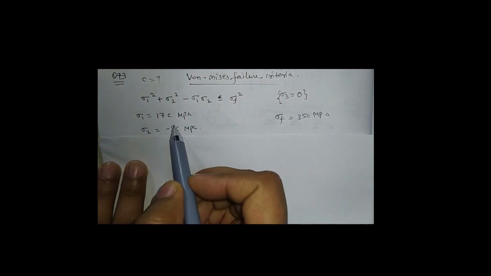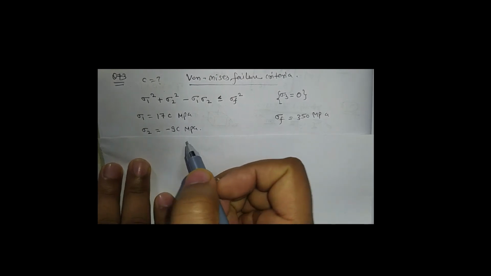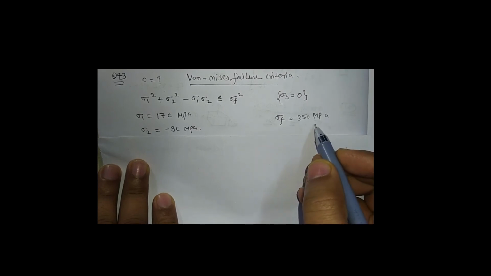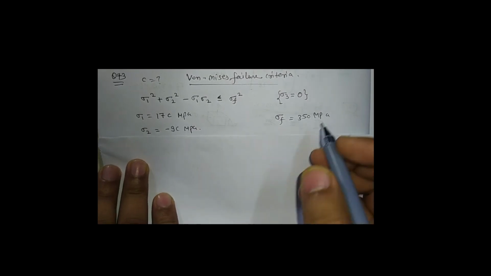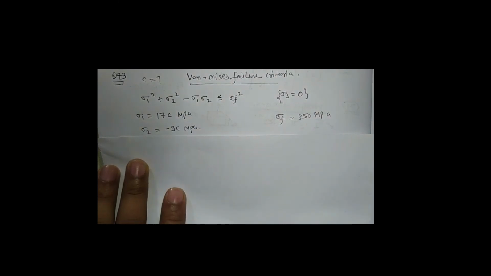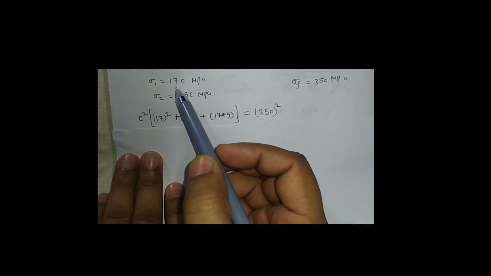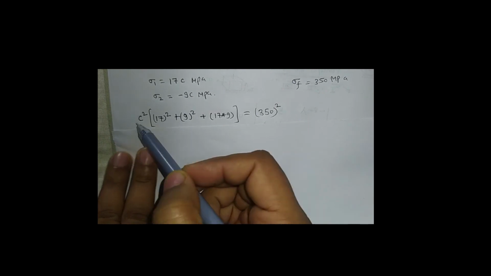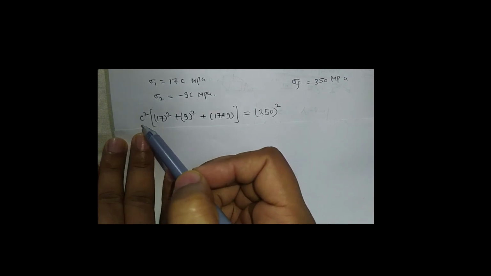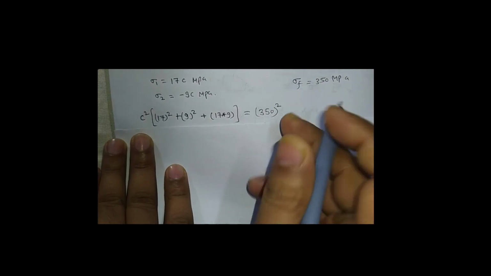Now we already calculated the values of sigma 1 and sigma 2, which are 17c megapascal and -9c megapascal, and the failure stress is already given in the question. Now we have to put these values into this equation. We will get (17c) whole square and so on. We take c square common from the equation and equate it to sigma f square.